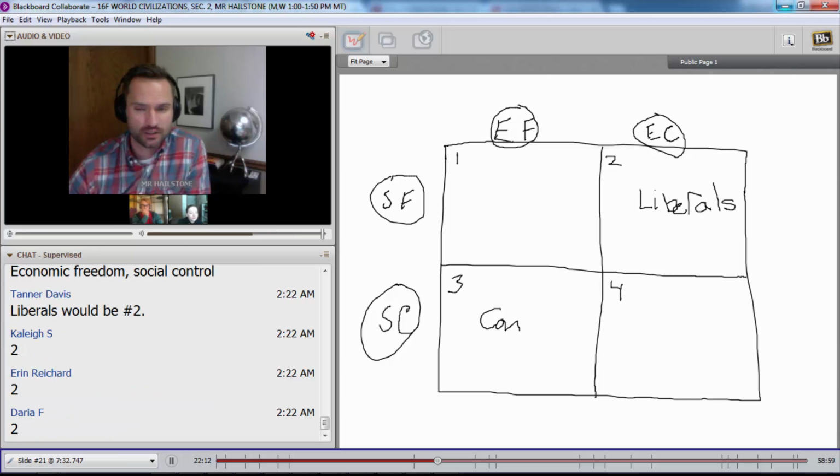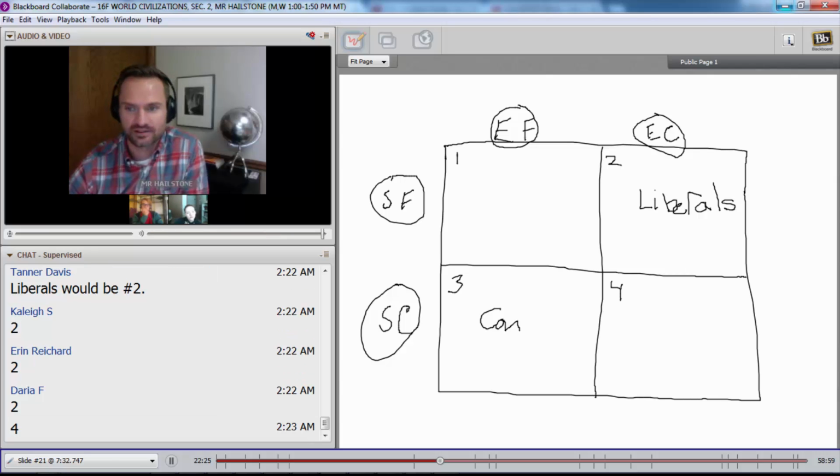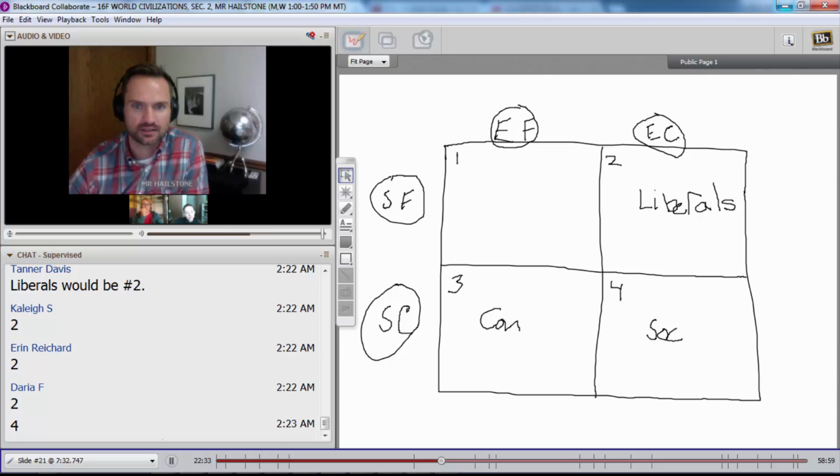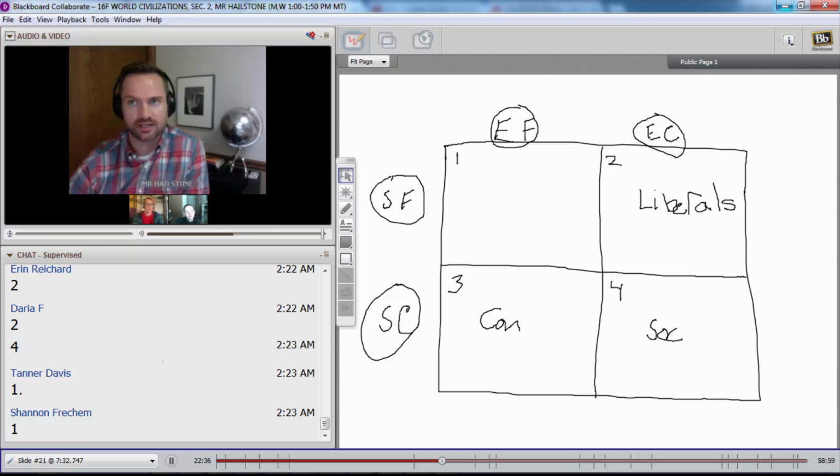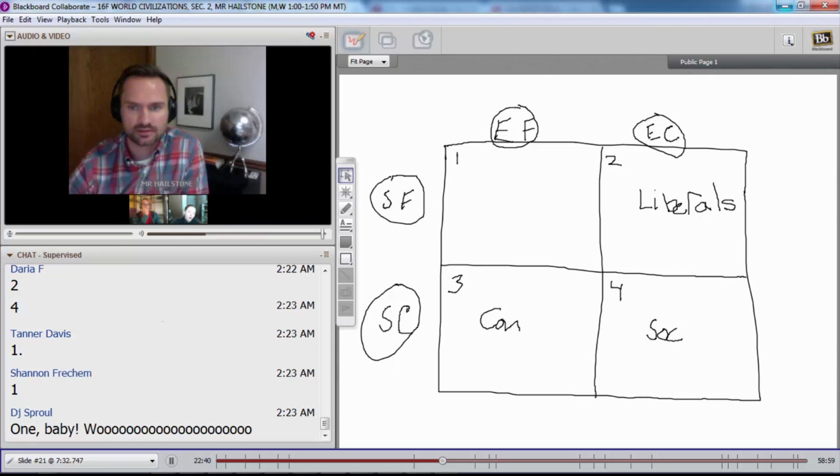Where would a true socialist be, and not like people accusing Barack Obama of being a socialist, which he's not? Yeah, 4, exactly. And then where would your libertarian be? Anarchism is the extreme version of this. Libertarian is way less extreme, but yeah, so libertarian. Does that help you understand the differences between these different groupings?